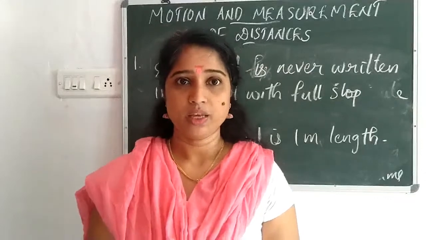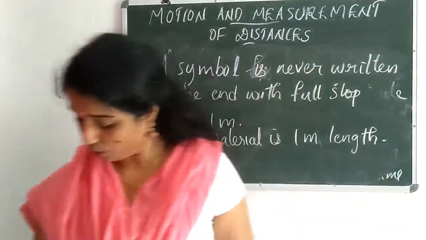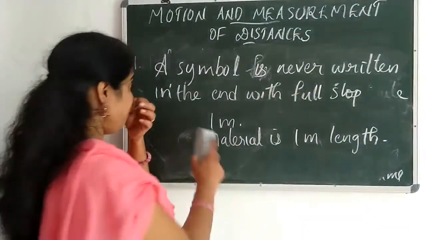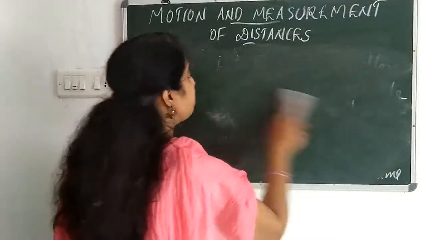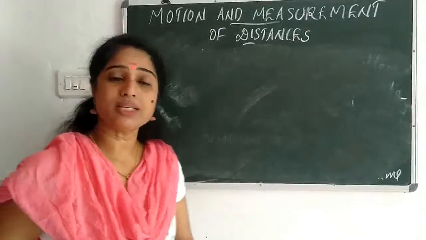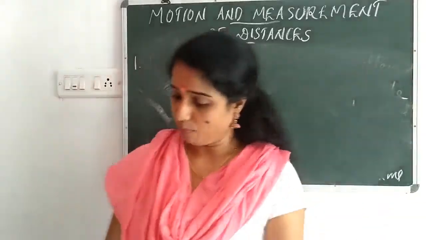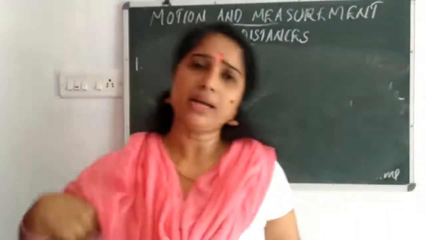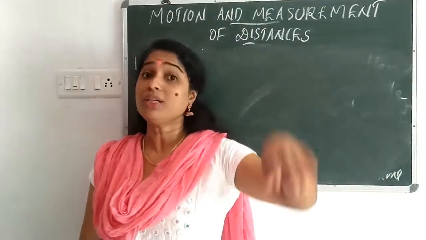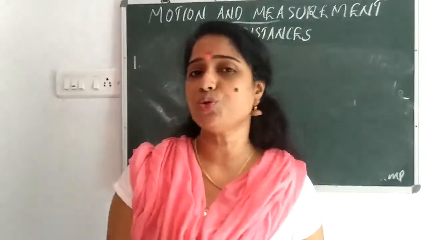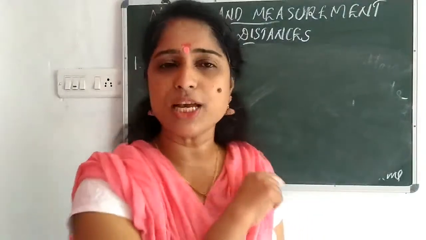Full stop. If it appears at the end of the sentence only, we can. Usually at the end of any sentence we put what? Full stop. Clear? Yes. So these are the 4 important rules you should follow while writing the SI unit.